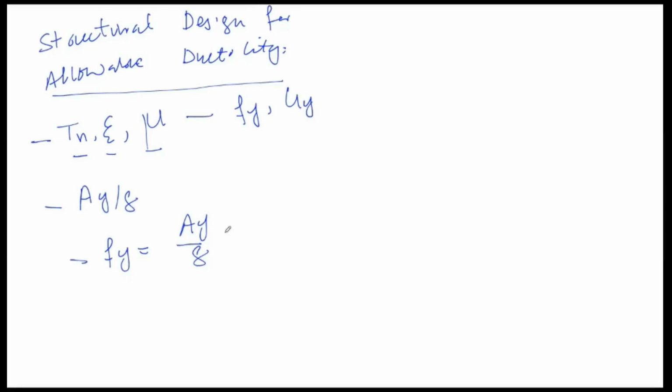Okay, so this is the minimum yield strength necessary to limit the ductility demand to the allowable ductility factor on the system. So if you design for strength more than this, the ductility demand will be less than the allowable ductility. Okay, and if you design for less than this force, the ductility demand will be more than the allowable ductility, and that system may get severely damaged or can collapse.